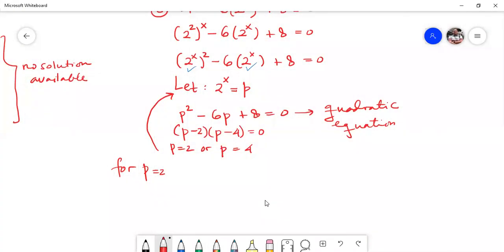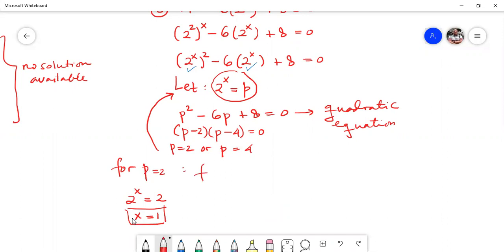Take this part again. 2 to the power of x equals 2 because p equals 2, so we return it. From this we know x equals 1. This is the first solution.